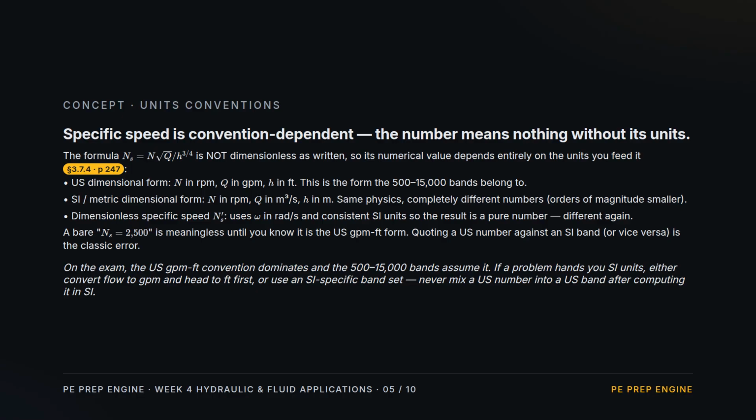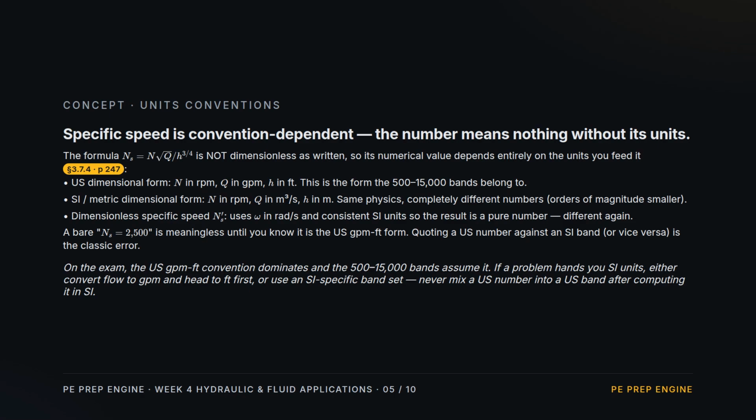The real trap: specific speed is convention dependent. The formula isn't dimensionless, so its value depends entirely on the units you feed it. The US form uses RPM, GPM, and feet. That's what the bands belong to. The SI form uses cubic meters per second and meters. Same physics, but numbers orders of magnitude smaller.